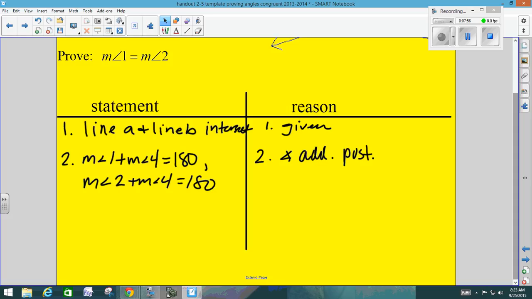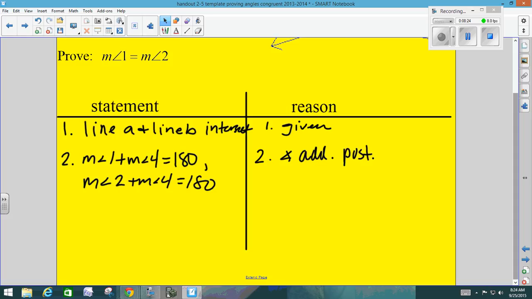If they're both equal to 180, can't I set them equal to each other? Yeah. You could say that's substitution. Or if I write it out this way, if the measure of angle 1 plus the measure of angle 4 equals 180, and 180 equals the measure of angle 2 plus the measure of angle 4, then 1 plus 4 equals 2 plus 4.